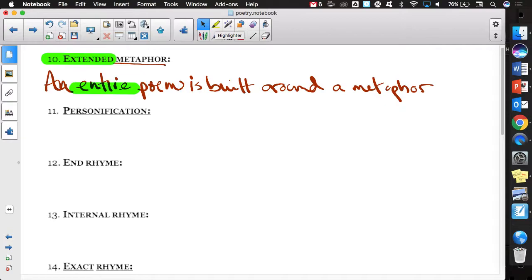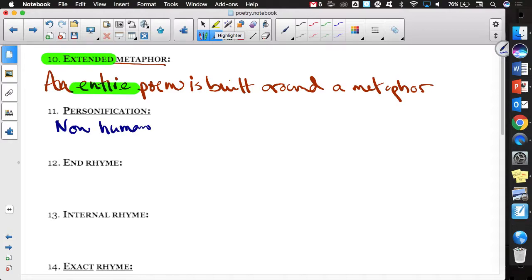What do we do for personification? You give a non-living figure, inanimate objects, it starts talking. Non-human or living objects are given human traits.